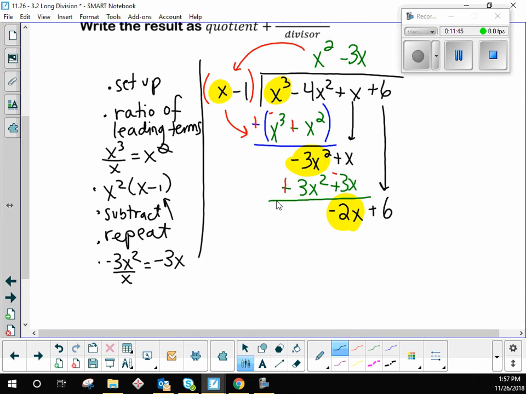Negative 2. So that goes up here. And then that negative 2 gets multiplied by everything in the divisor and brought down here. So negative 2 times x is negative 2x, and negative 2 times the negative 1 is positive 2.